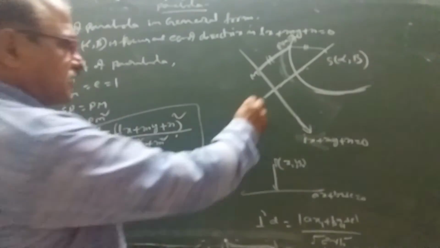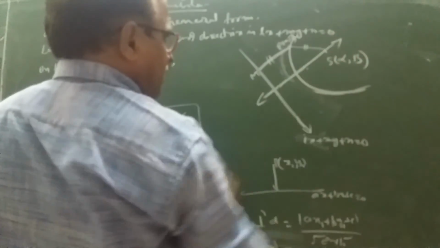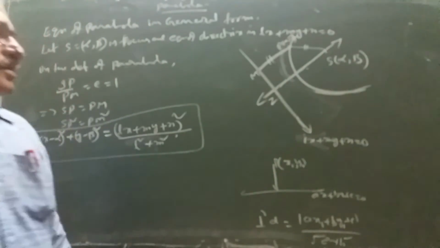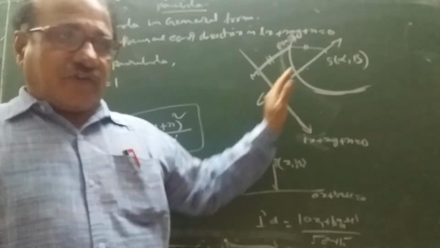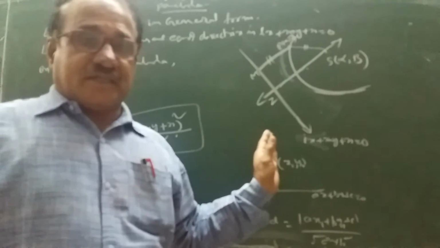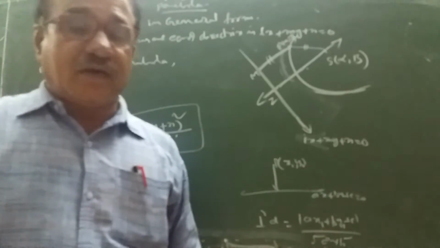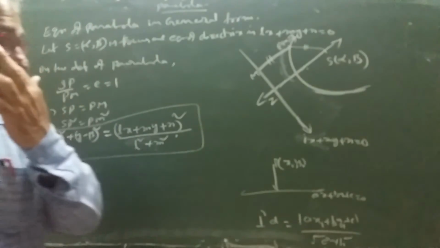Then we call the straight line passing through the focus and perpendicular to the directrix the axis of the parabola. Already we have to discuss.